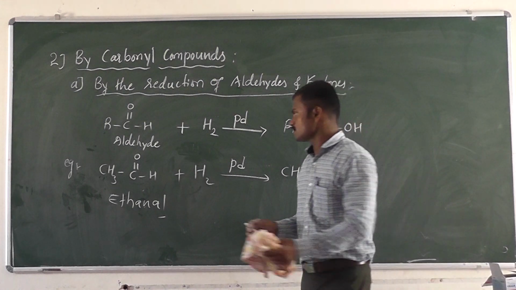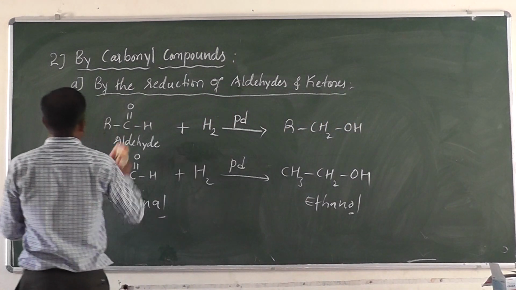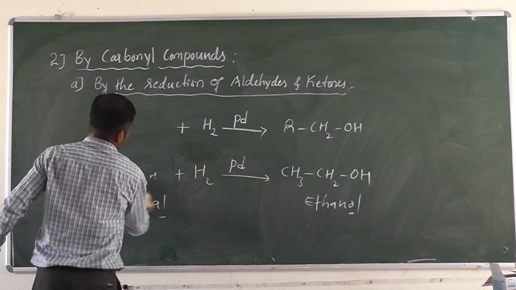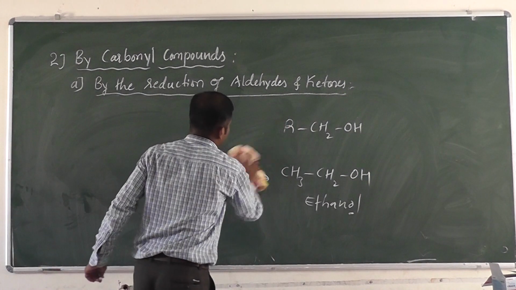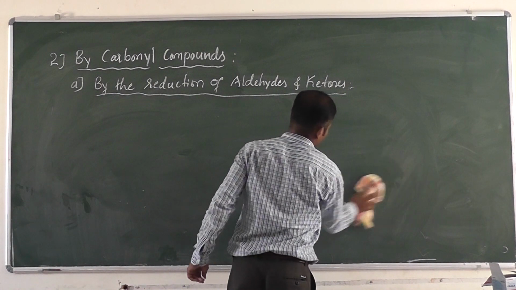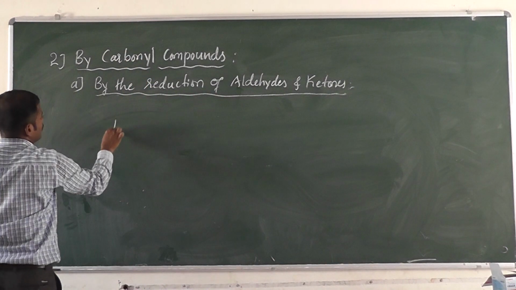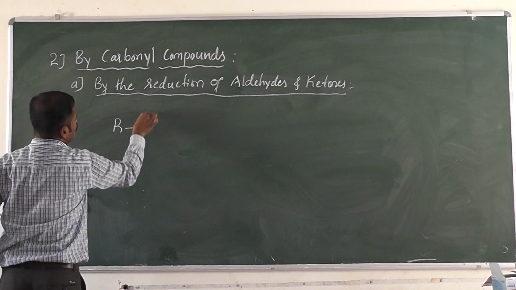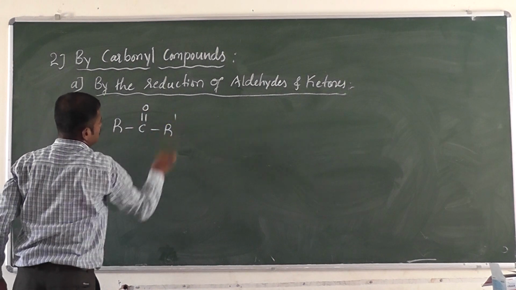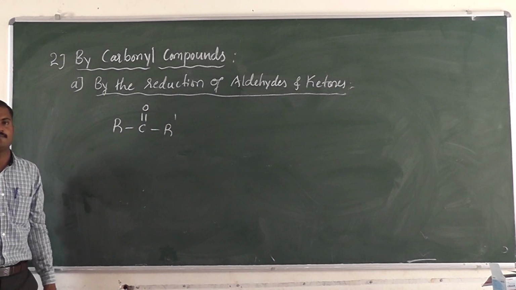Let us see here. Already you know the general formula for ketone. What is the general formula? The general formula for ketone is RCOR'.